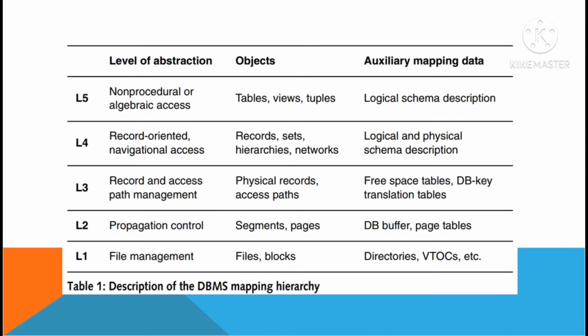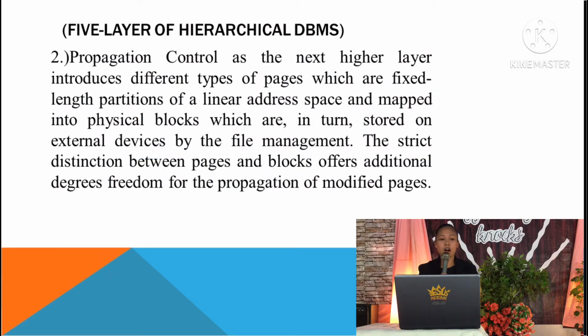Propagation control, as the next higher layer, introduces different types of linear address spaces mapped into physical blocks, which are in turn stored on external devices. Unlike file management, the strict distinction between pages and blocks offers additional degrees of freedom. For example, a page can be stored in different blocks during its lifetime.